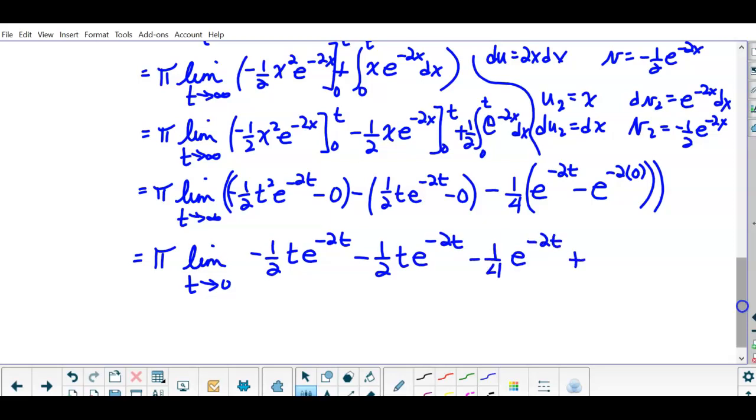So that's going to be plus 1/4 e. Not 1/4 e, sorry, it's 1/4, because e to the 0 is 1.